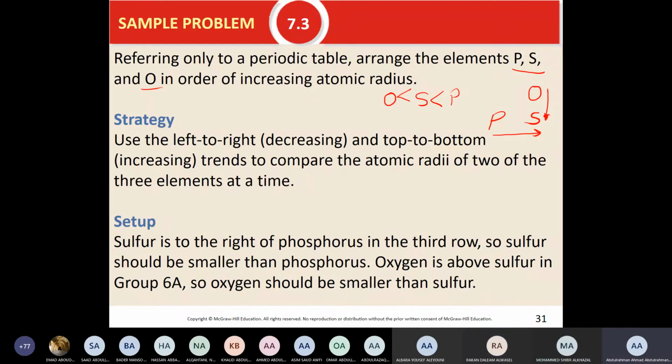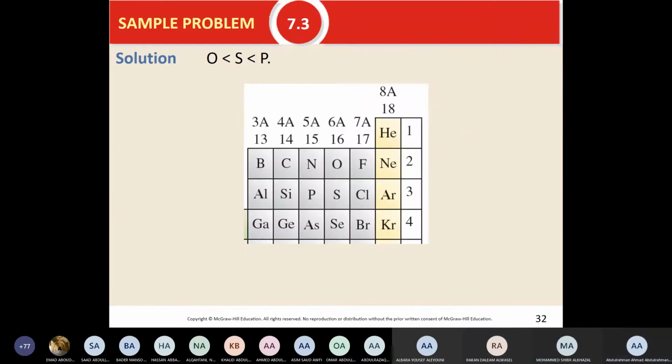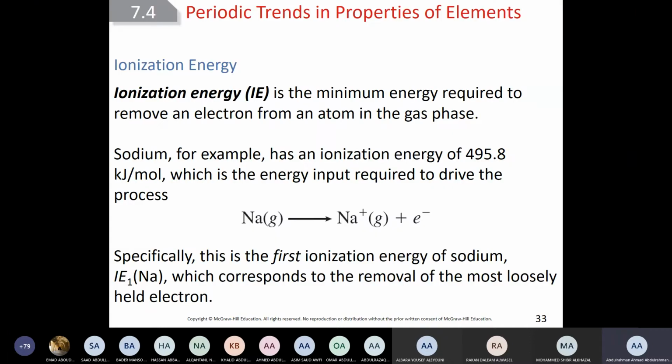All right. Good. And that's the solution. As you can see here, O is above S. So actually, P is bigger than S and S is bigger than O.